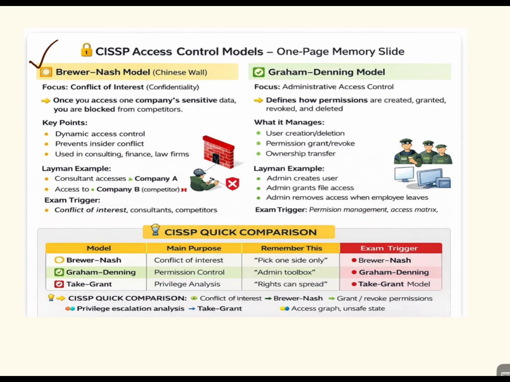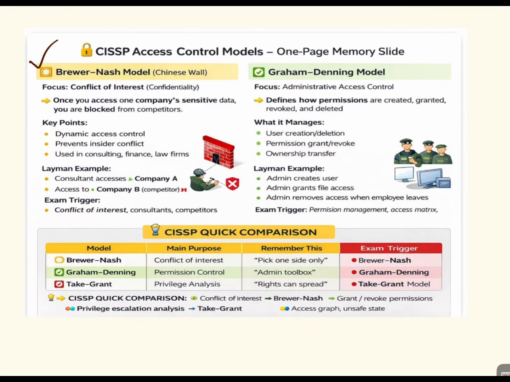The Brewer-Nash model does not manage permissions, does not analyze privilege escalation, and does not enforce integrity rules, right? Once you pick a side, the wall goes up.